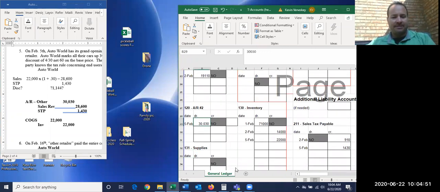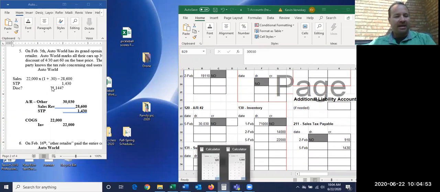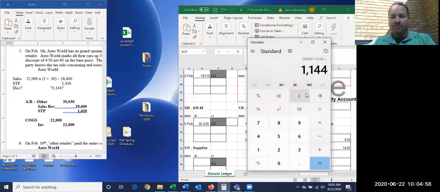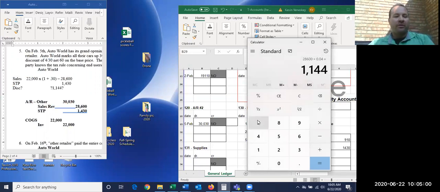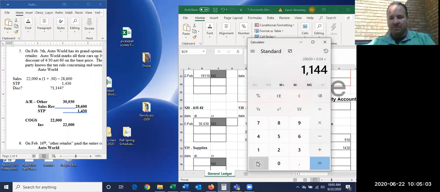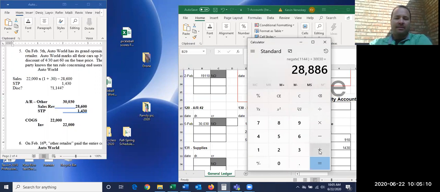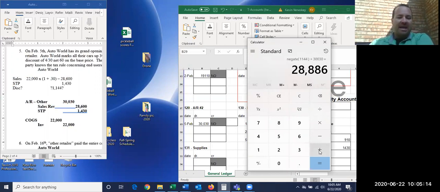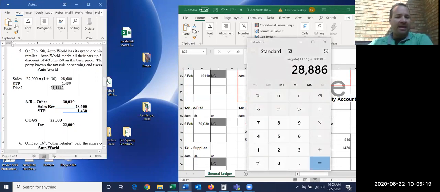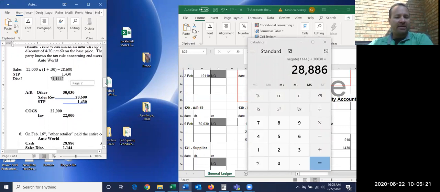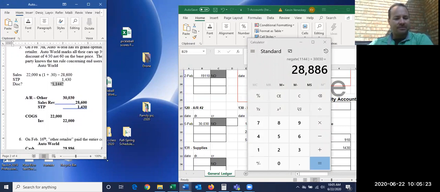They owe me this, but they now have earned that discount. So now instead of them owing me $30,030, make this a negative and add in the $1,144. They owe me, with the discount, only $28,886. So when they write a check, I'm going to be getting cash for $28,886.